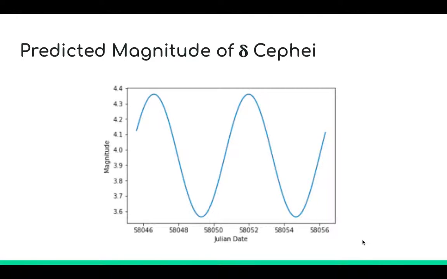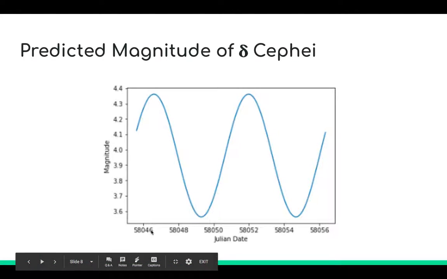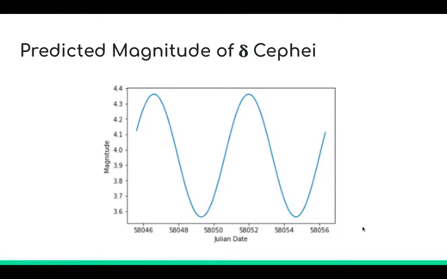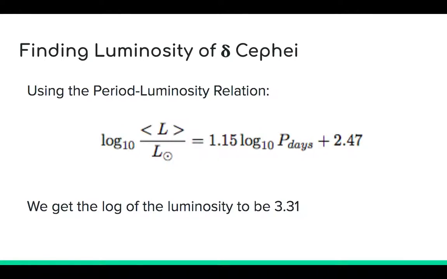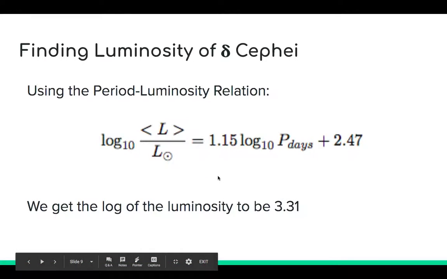Okay, so we can predict the magnitude of the Cepheid using the amplitude from the phase diagram from the previous slide and the period that we measured, which was around 5.3. So then we can find the luminosity of delta Cephei using the period luminosity relation, which is this equation right here.